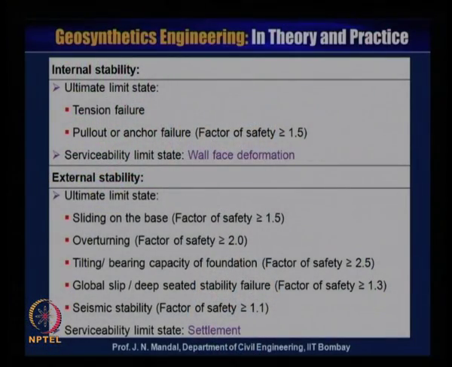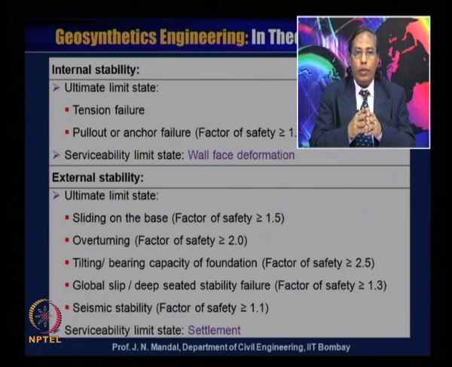That means this geotextile material may fail due to tension, pull out or anchor failure, and the factor of safety should be greater than or equal to 1.5. Also you have to check the serviceability limit state, that means wall face deformation, how much it is going to deform. That part you have to consider as internal stability. This is all ultimate limit state.